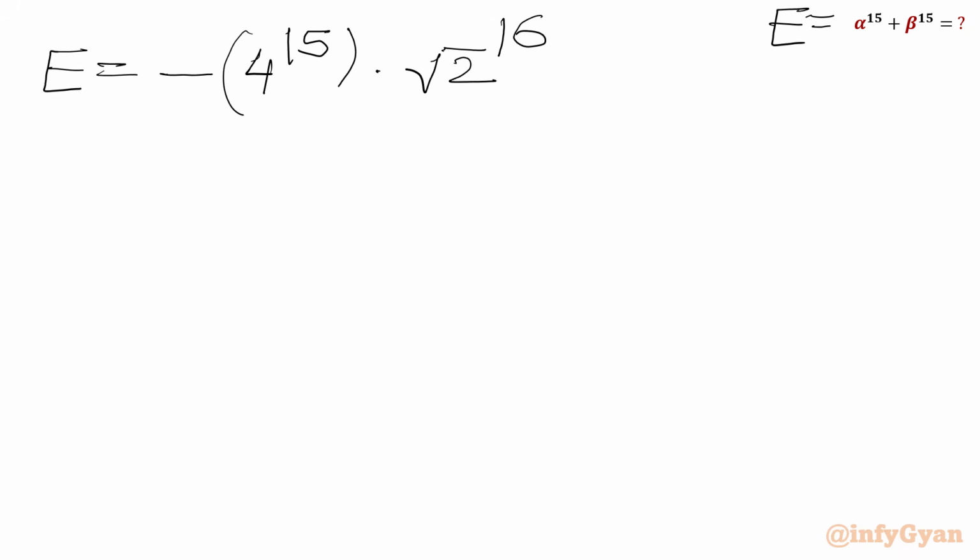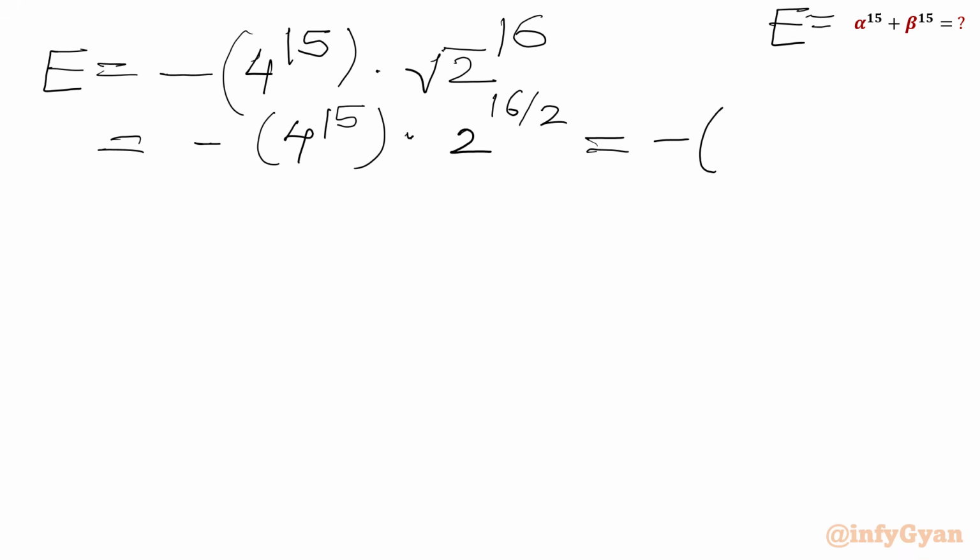Now we have to multiply these two. So root 2 power 16, we will write minus 4 power 15 times 2 power half. So I can write here 16 over 2, which will give us minus of... Here 4 can be written as 2 square and then whole power 15. This is 4 power 15 times 2 power 8.